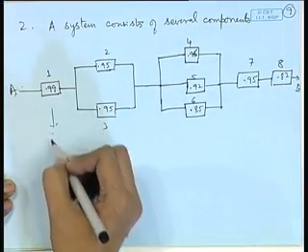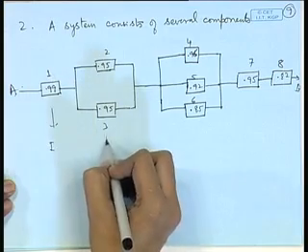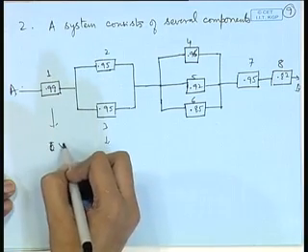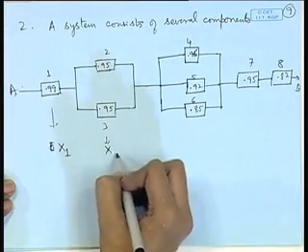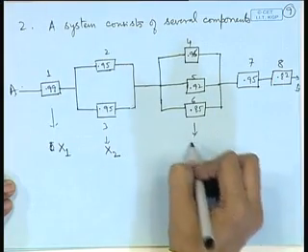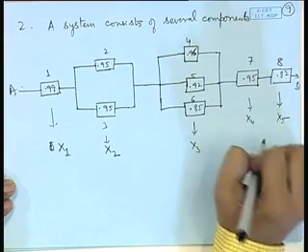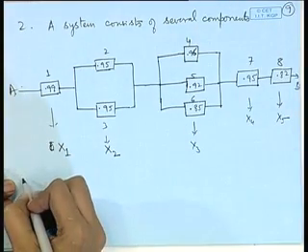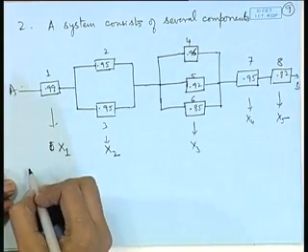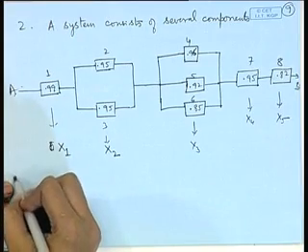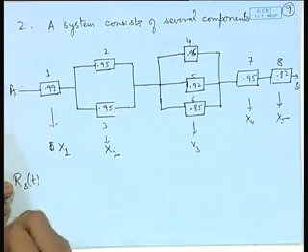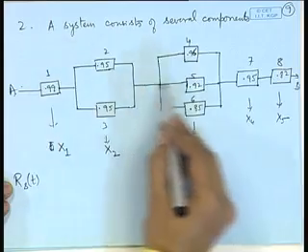Let us name these systems' lives as x1, x2, x3, x4, x5. If we are interested in calculating the reliability of the entire system, now this is a series.